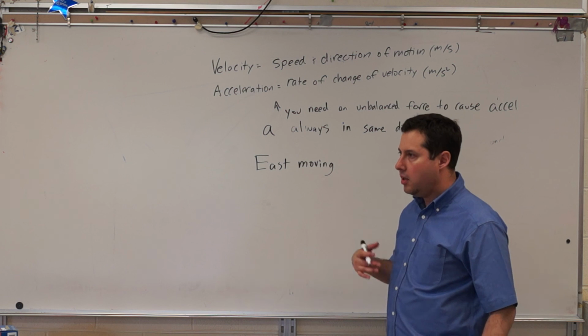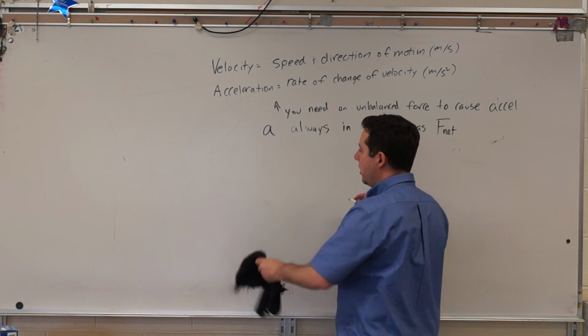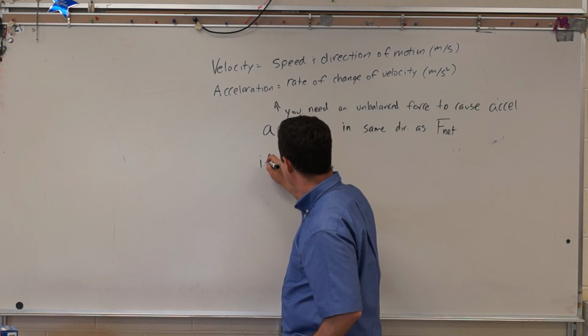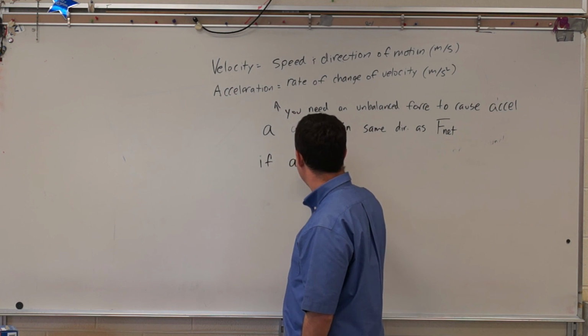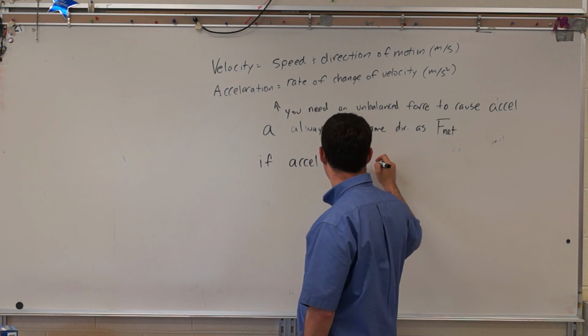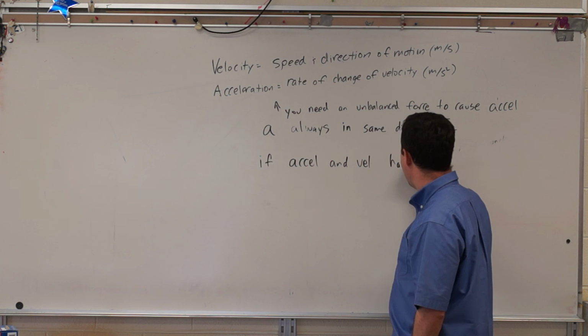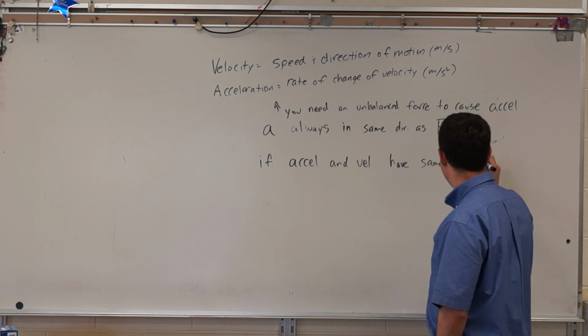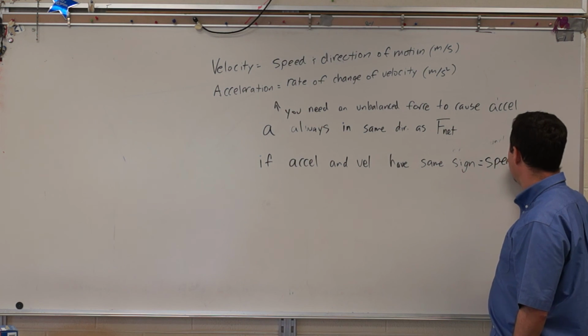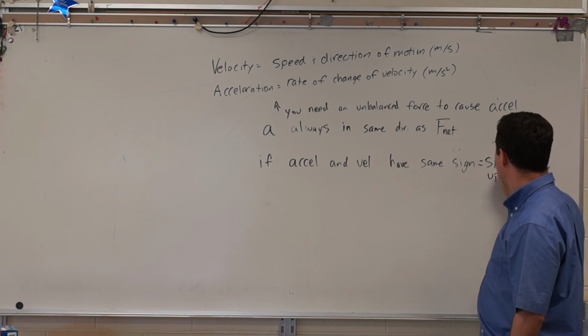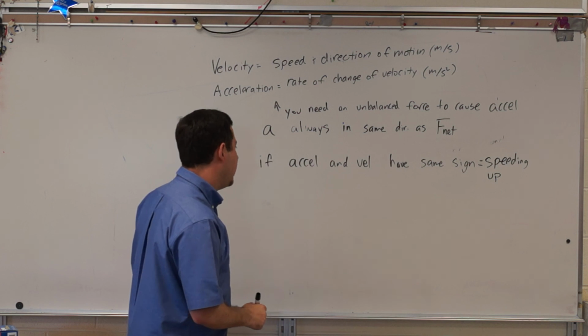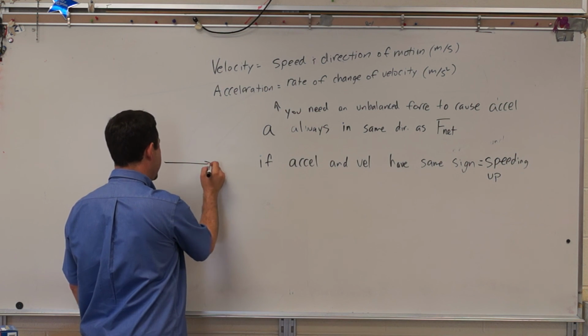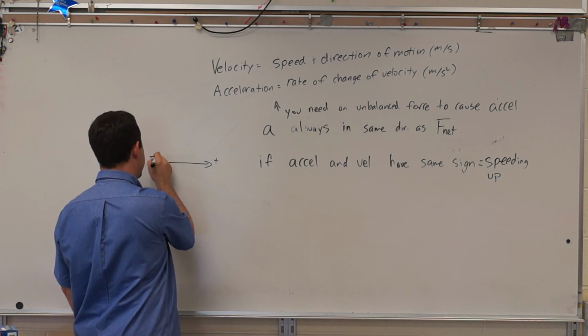So if I were to simplify this into a statement, I could say, if acceleration and velocity have the same sign, that's speeding up. Meaning, let's say we define east as positive and west is negative.